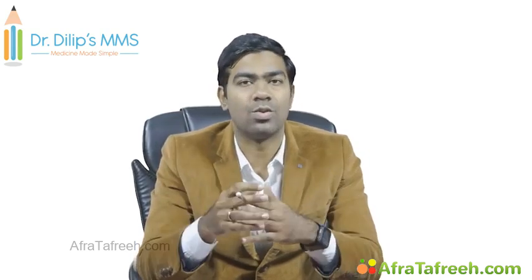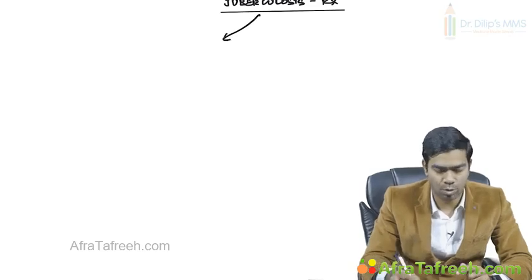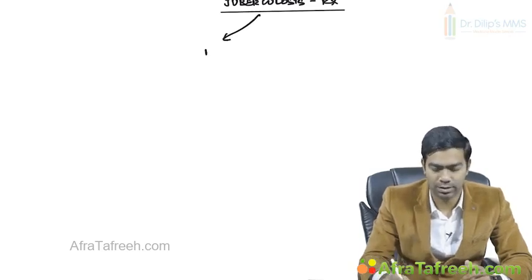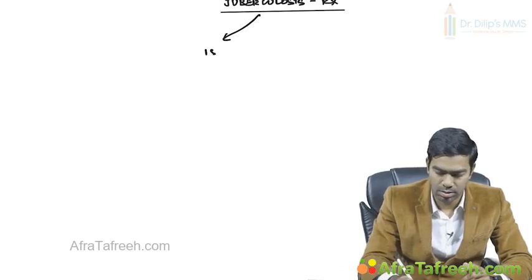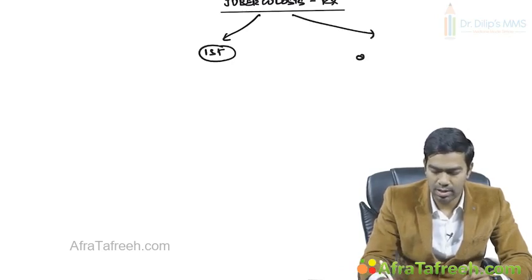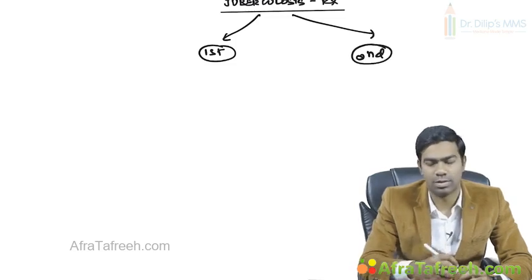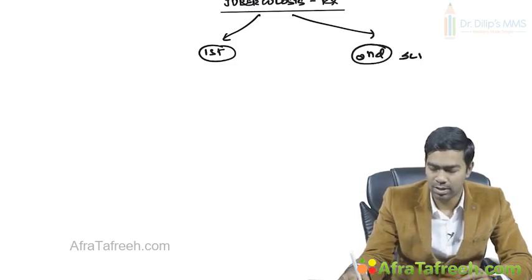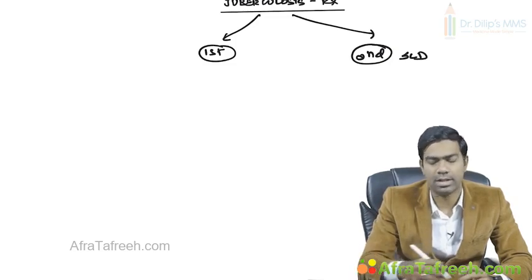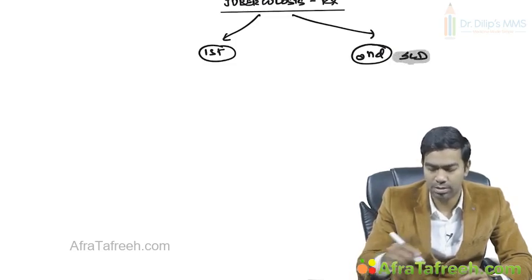Without wasting much time, let us move on to the drugs that are used in tuberculosis. We all know the drugs have been categorized into two kinds: one is called the first line drugs and the second line drugs in tuberculosis. Second line drugs are also called SLDs.